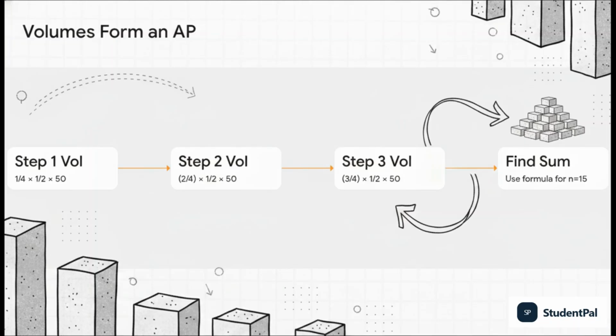If you actually calculate those numbers out, you'll realize they form a perfect, beautiful arithmetic progression. Once you extract your A and your D from these volumes, you can completely drop all the messy 3D geometry and just let the AP sum formula for n equals 15 do all the heavy lifting for you. That is the true power of APs, simplifying complex reality into predictable, solvable patterns.